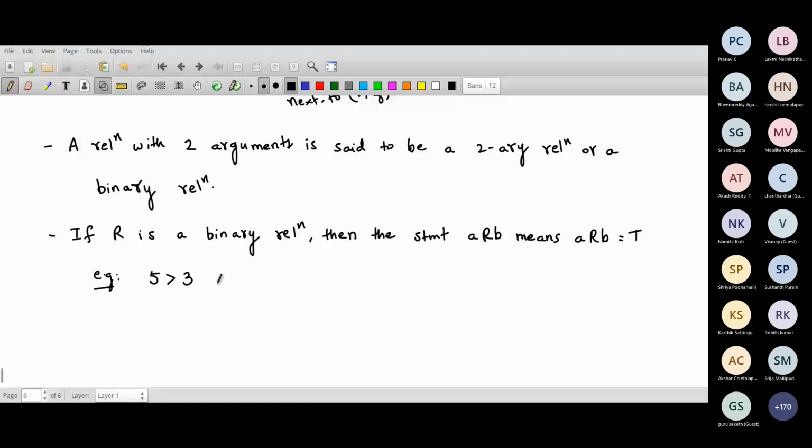But technically, this is equivalent to 5 greater than 3 equal to true. All right. So this part becomes optional. That's all. This is A, this is R, and this is B. All right. This portion is optional. Okay.